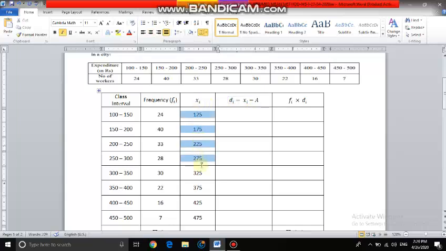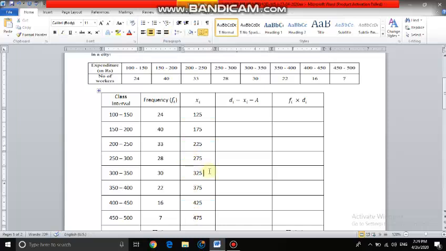The xi's I know, these are the values of xi. Now what is a? From where will I get the value of a? If you just count, how many xi's are there? 1, 2, 3, 4, 5, 6, 7 and 8. So you take the middlemost number. If 8 is there, the middlemost numbers are either 4 or 5.